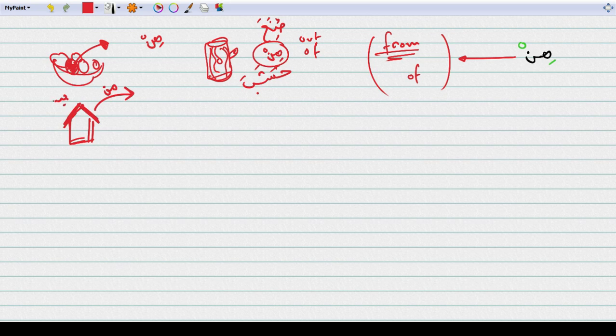Min bayti, from my house. Min. You see the sense of min now. The other thing is when you're talking about time, so you want to say that the store or the event takes place from this time to that time. When you say from this time, you use min. Good? All right.